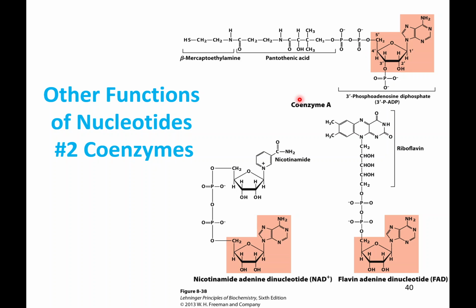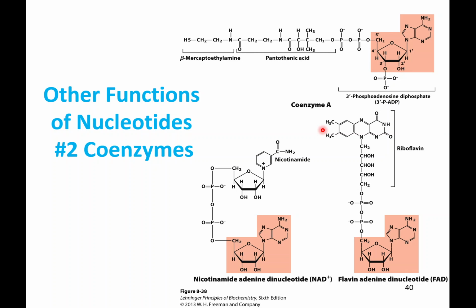Right, and then finally, our coenzyme A, and I think I've mentioned this before as well. Really, what you're looking at here is the SH group, because that can attach to some things and connect to them and be kind of a carrier, but our nucleotide part is over here, where we have adenine and our ribose sugar and a diphosphate.